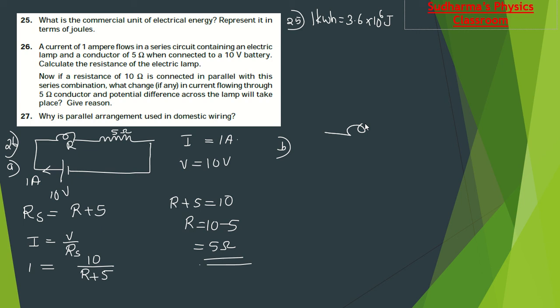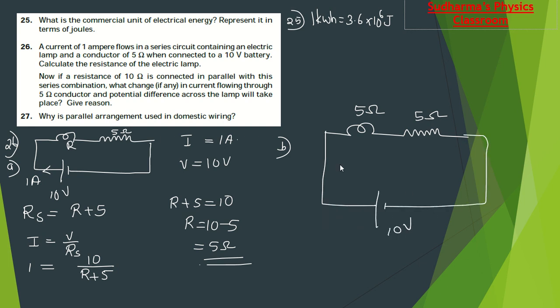Now we have the resistance of the lamp, that is 5 ohm, and already we have a 5 ohm conductor here, and we have the battery that is 10 volt. They're asking if we connect a 10 ohm in parallel to this circuit, will there be any change in the potential difference and current?